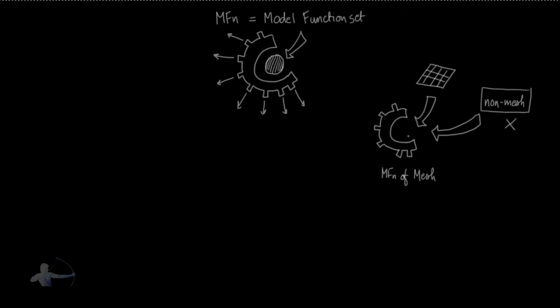So you would have to be careful when you will be using the function set, and you would have to remember, or you would have to understand what you are fitting in here. Now we will understand what is MfnMesh.